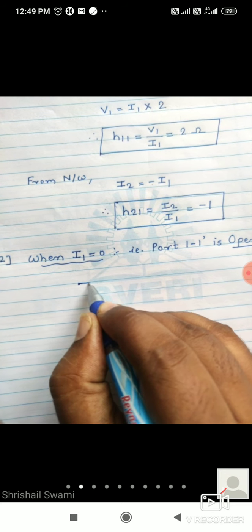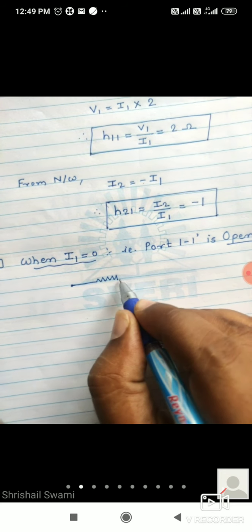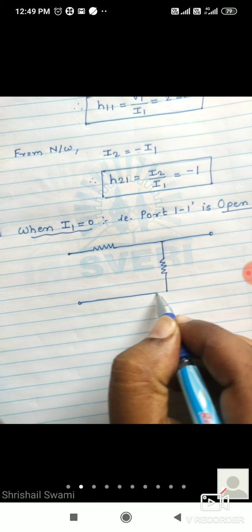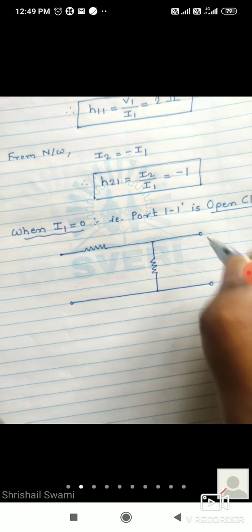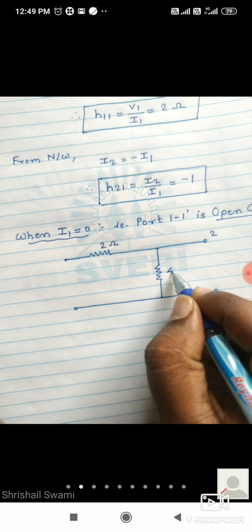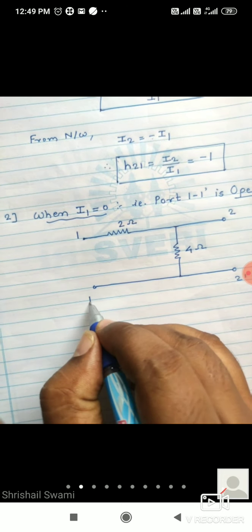So according to that you have to draw the circuit. So this is 2 2 dash, 2 ohm, 4 ohm. This is 1 1 dash.